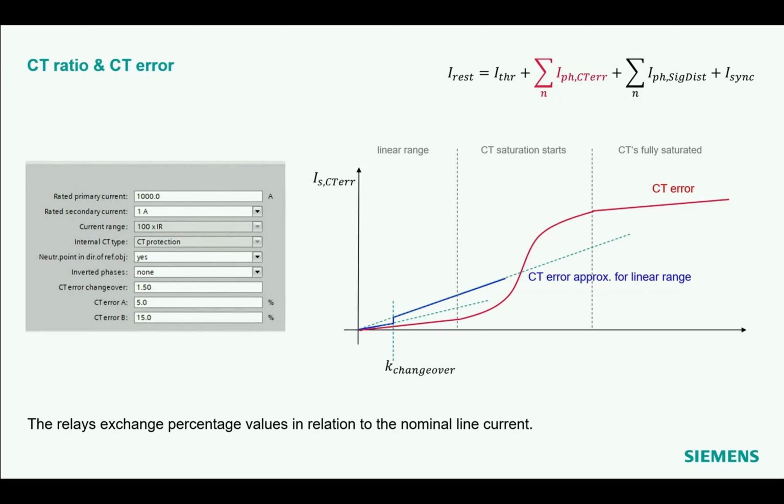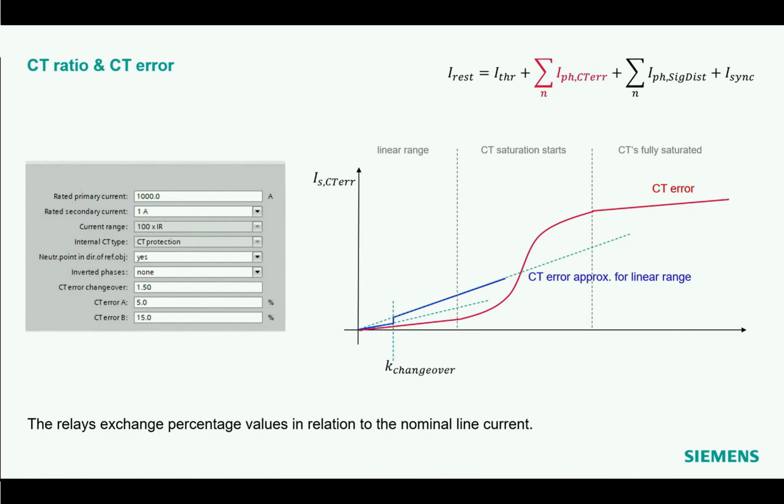But here it's important to understand the CT errors are only describing the linear range of the CT. The idea is that for currents in the range of the nominal current, we want to work with a smaller CT error. And when the currents get bigger, that means we are in the area of fault currents, we work with a bigger CT error, just to be sure that we don't maltrip, that we are stabilized in case we are in the area of fault currents.